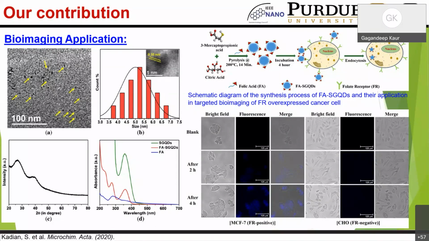If you are aware of the Zetasizer, we can say DLS, dynamic light scattering. It shows the hydrodynamic size of the particles, but it's not the accurate size. You might have a high concentration in the solution in which you were doing your DLS experiment.